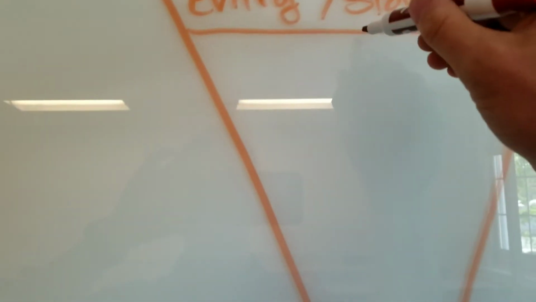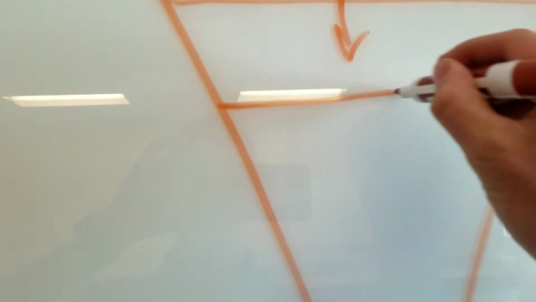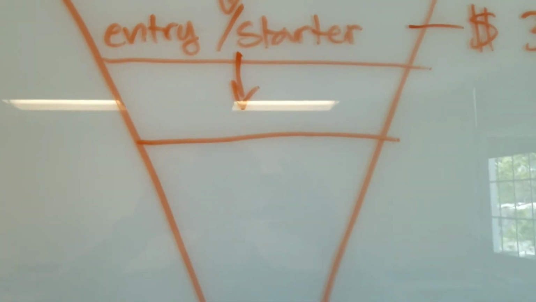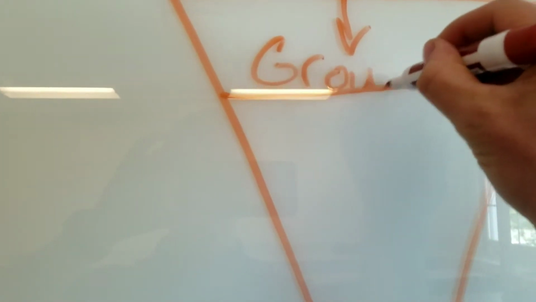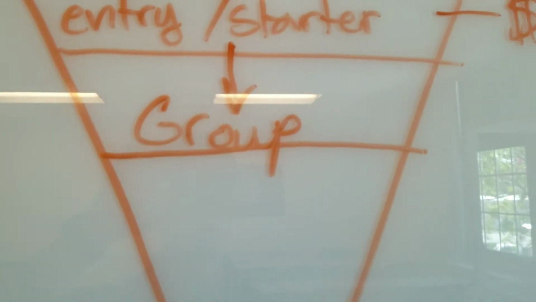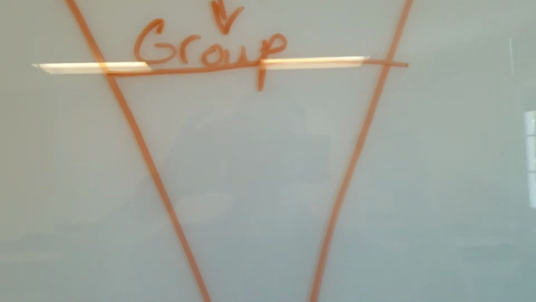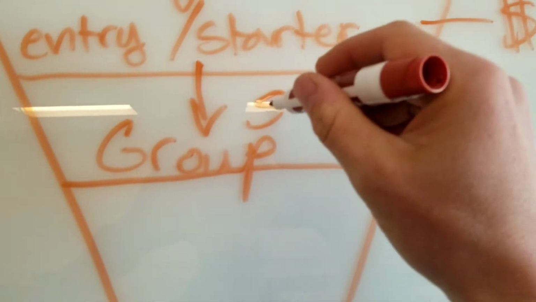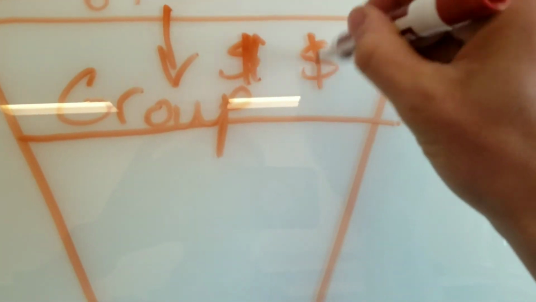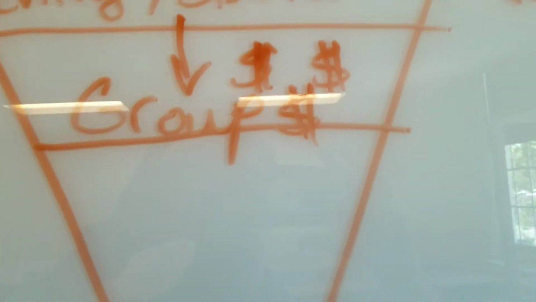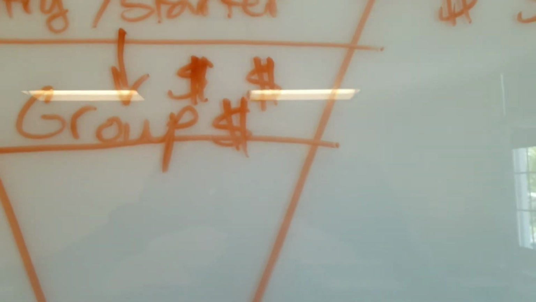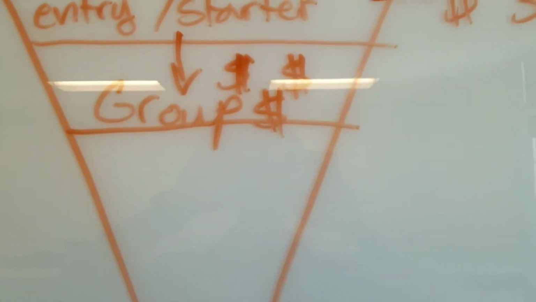Then the next thing you're going to have is a program that is offered in a group setting. I'm going to write group here. I hope this video comes out okay. Because you're doing it in a group, you can have many different people, and they can spread their money around so that it makes it worth your time. Let's say that you're working for $200 an hour as a dietitian.